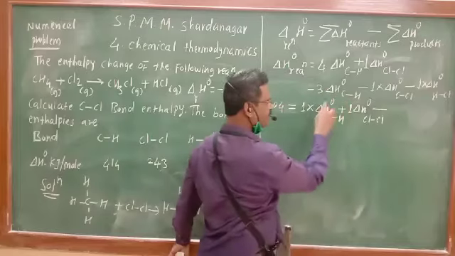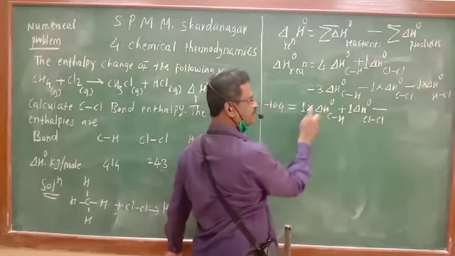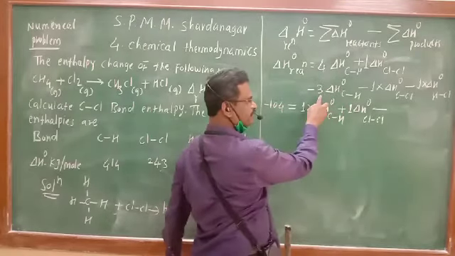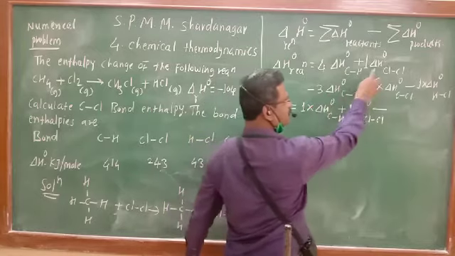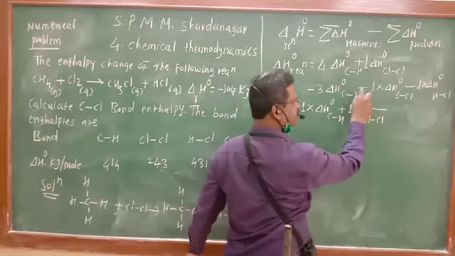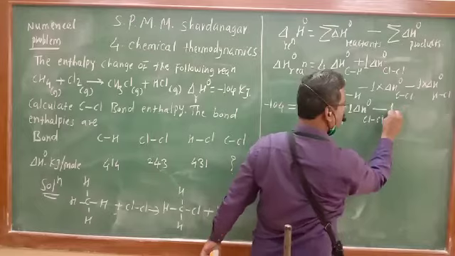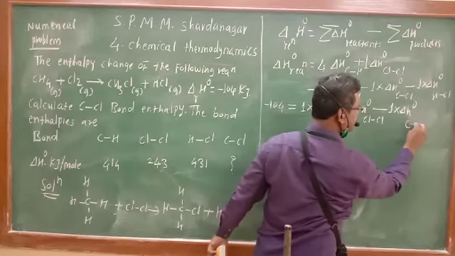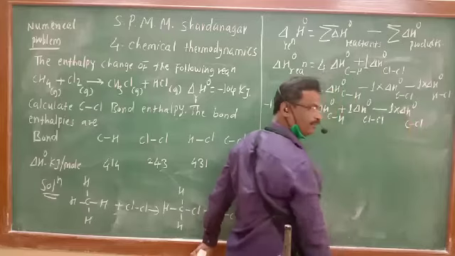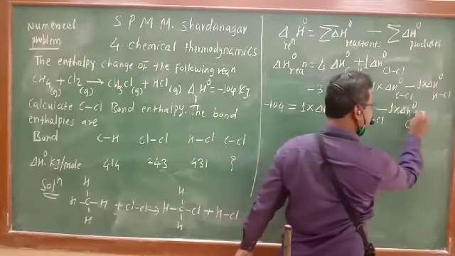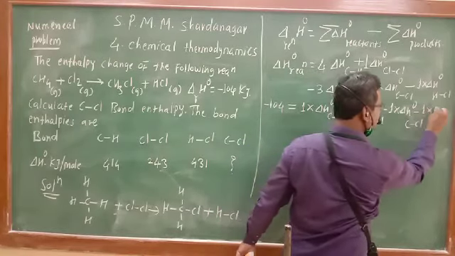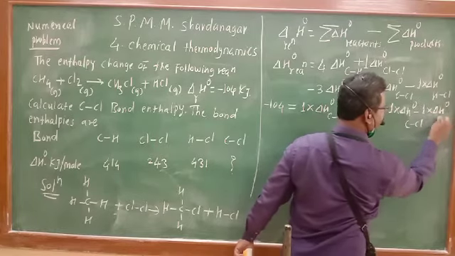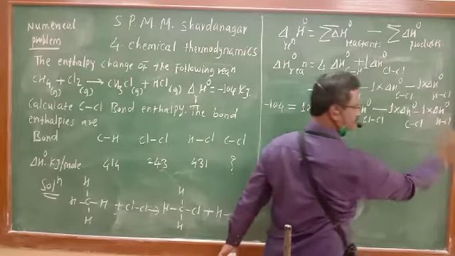The CH term we have cancelled because 4 minus 3 is 1. Then minus 1 into delta H naught of CCl, this is what we have to calculate, minus 1 into delta H naught of HCl.